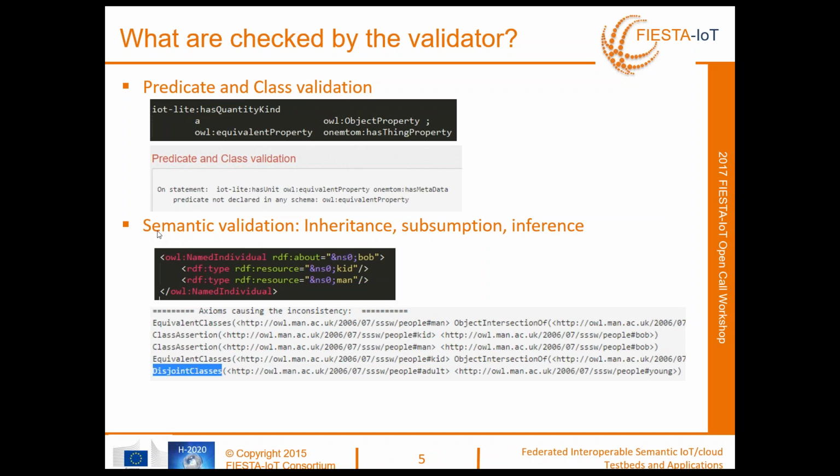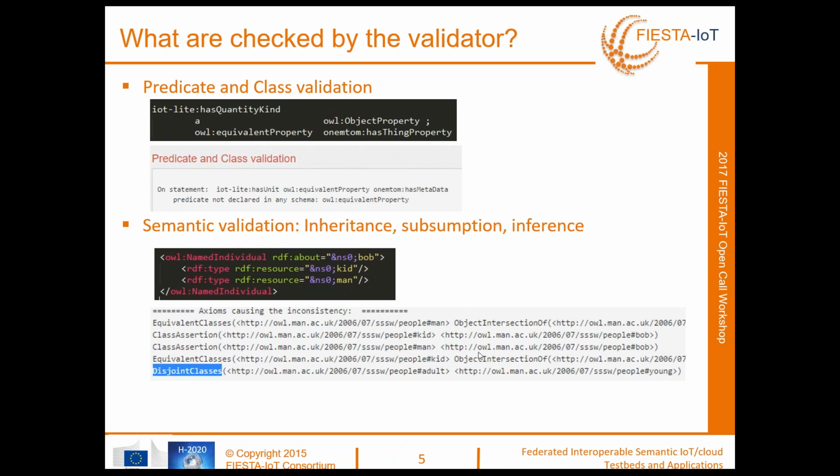The last aspect is the semantic validation. So basically, it will check inheritance of classes, subsumptions of classes, and some inference. This is a very classic example. In this example, we created an instance, a person whose name is Bob, and he is a kid, and in the meanwhile, he is a man.